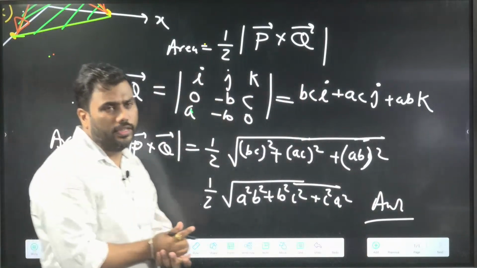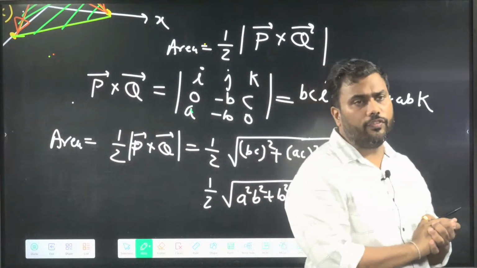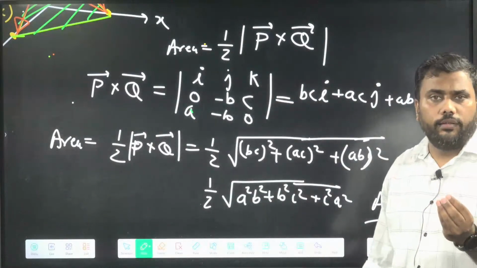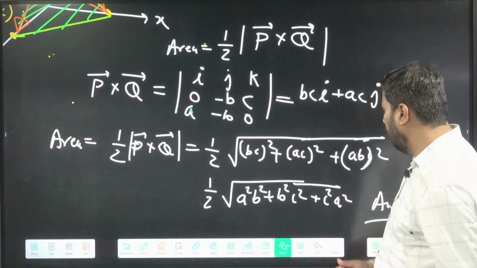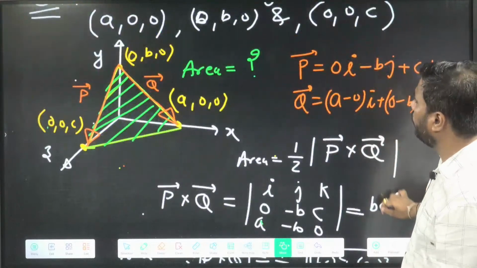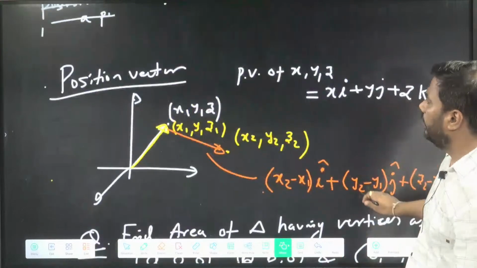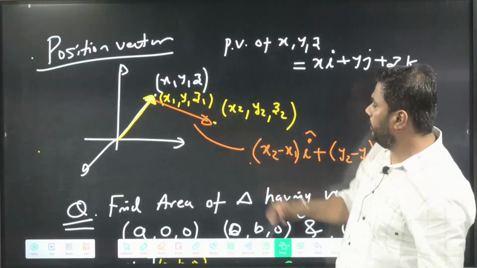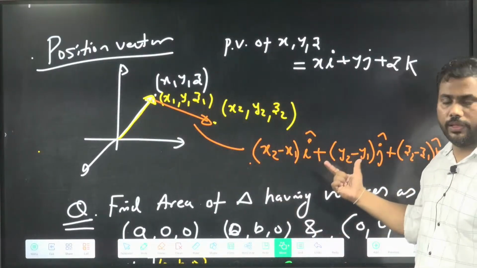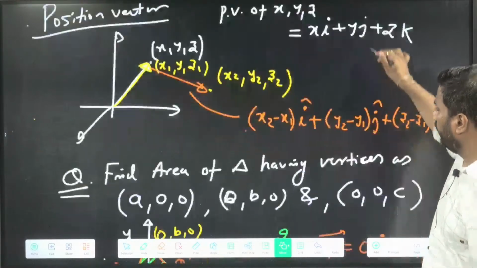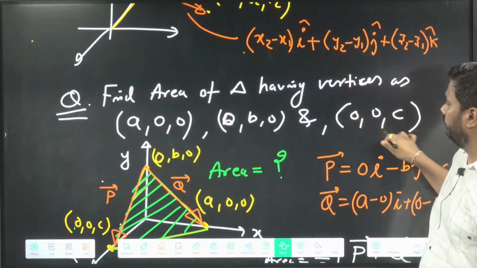Tell me, is this point clear? We are calculating the area of a triangle. I have taken a little bit difficult question, but we can easily solve it if you know all the concepts correctly. How to find a vector connecting 2 points? If you know this concept of displacement vector and the formula for area, we can easily solve this question.